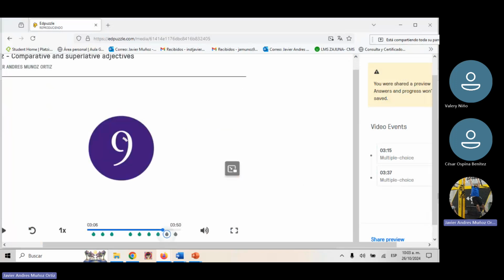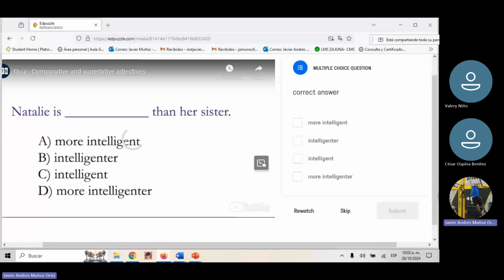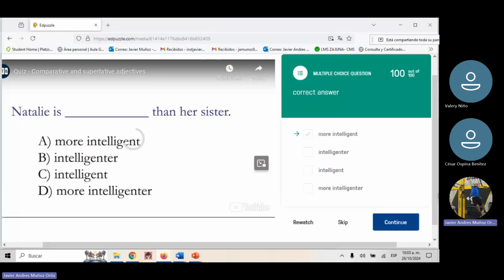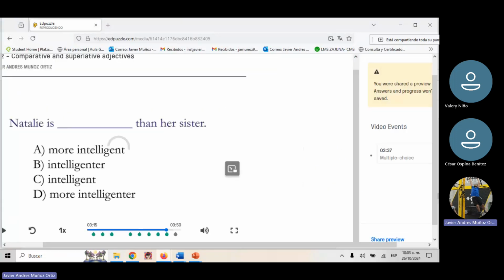Let's go with the next question. Natalie Portman is than her sister. More intelligent, intelligenter, intelligent, more intelligenter. Option A, okay. And that's absolutely right.